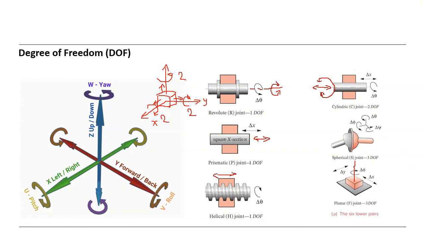So the rotation around these axes, and the linear motion along the x and y-axis. And this is the z-axis. Translation along x and y-axis, rotation around z-axis. So 3 degrees of freedom.